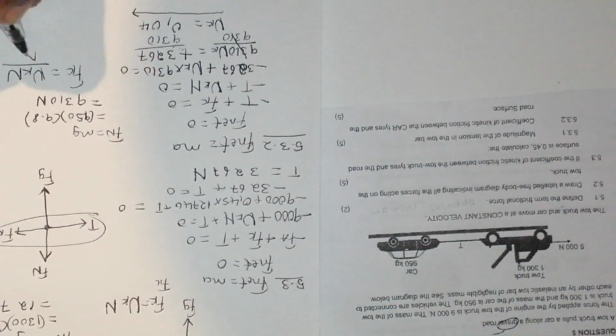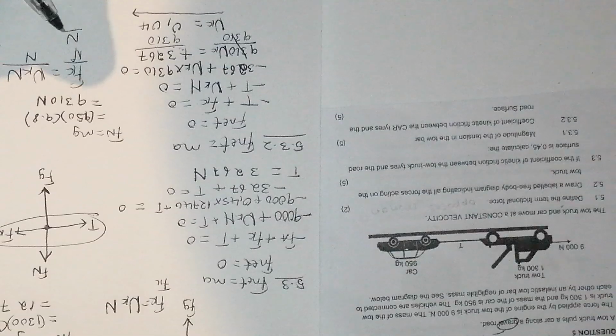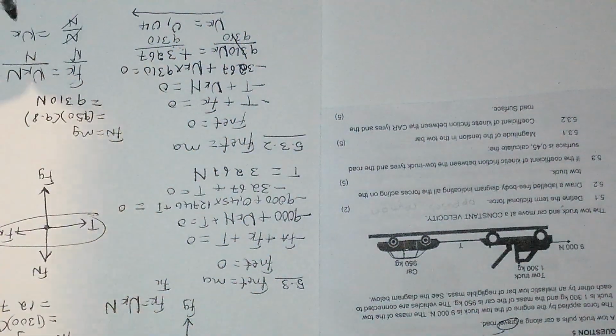We divide both sides by N. The SI unit of Fk is newton, and the SI unit for normal force is also newton, equals mu k. Therefore, these SI units will cancel out, resulting in mu k not having an SI unit. Why? Because it is the division of two forces. I don't know if you guys understood that. So this is very, very important, guys, that you know this.